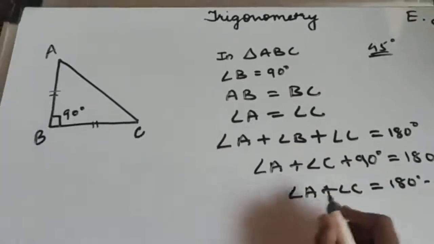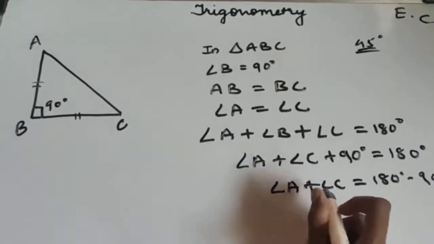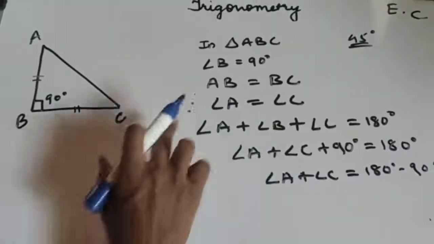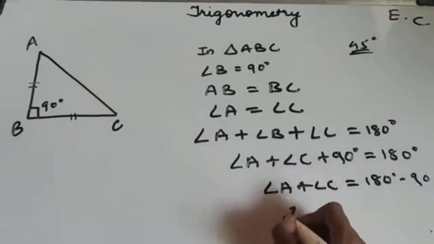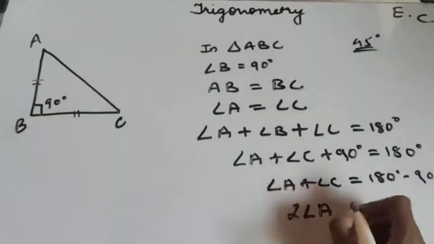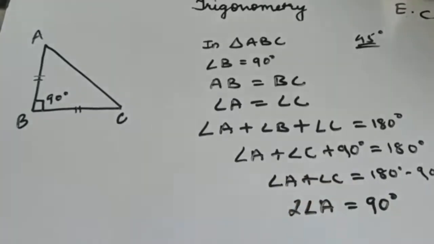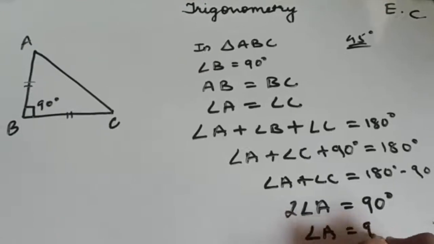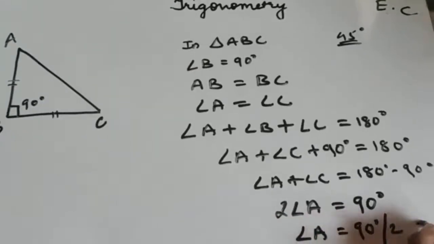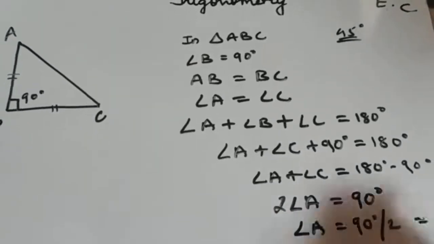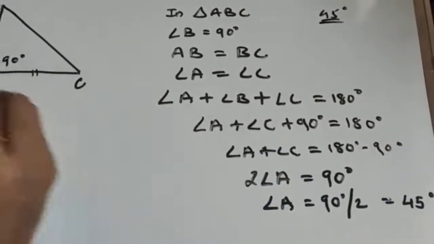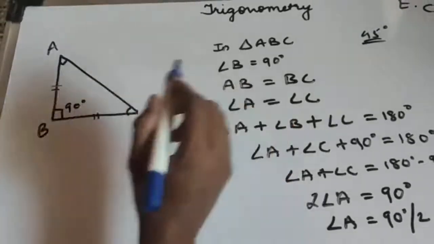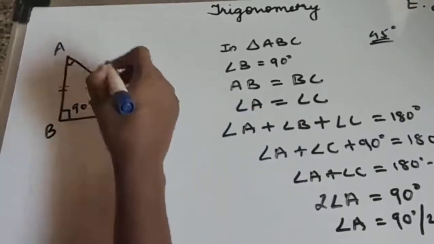Since angle A is equal to angle C, we can write 2 into angle A is equal to 90 degree, isn't it? So we get angle A is equal to 90 degree upon 2, which is equal to 45 degree. So if angle A is equal to 45 degree, angle C is also 45 degree.